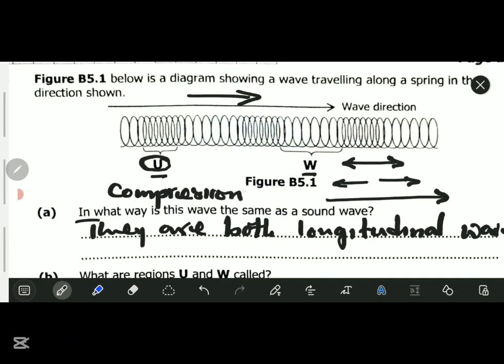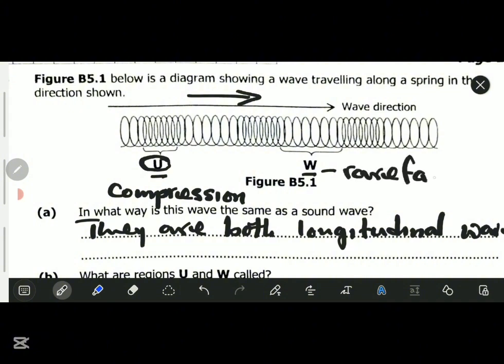And areas where the particles are further apart are called rarefactions.